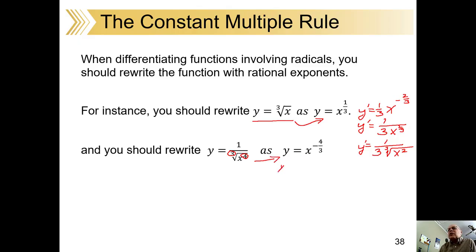If I want to differentiate that real quick, bring that negative 4/3 out front. What's the new exponent? Subtract 1 from that. Subtracting 1 from that means subtracting 3/3. So negative 7/3. And you can rewrite it in the proper fashion.